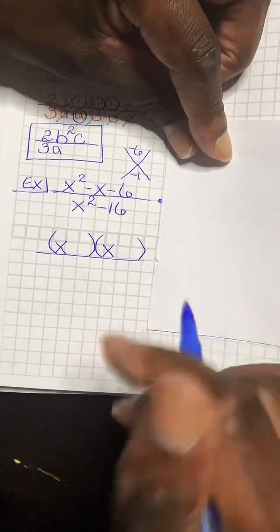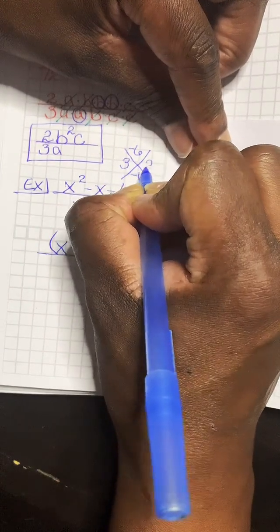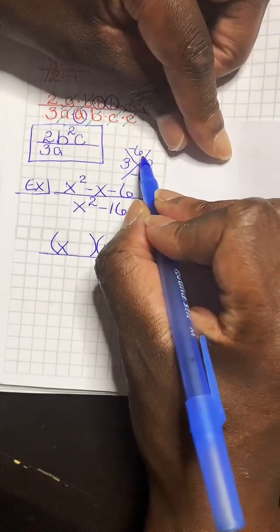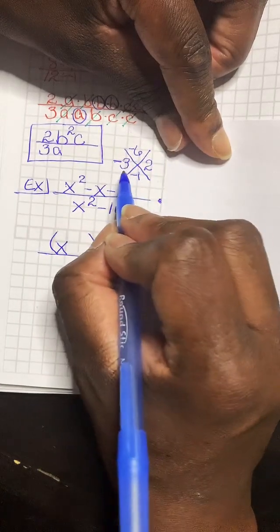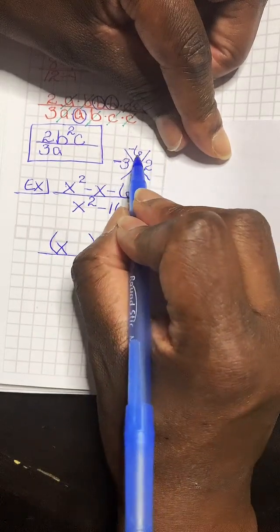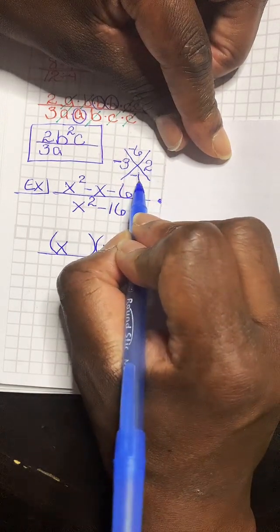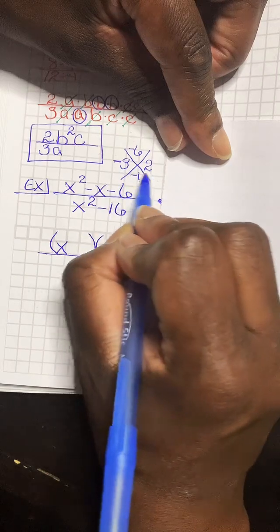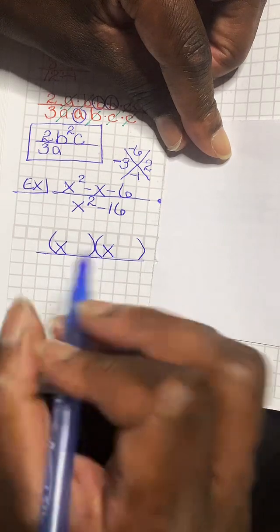So the answers, well, for this, we have 3 times 2 gives me 6, but we need it to be a -6. So we're going to make this a -3 because -3 times 2 gives me -6. And -3 plus 2 gives me -1. So these two numbers that we got, we're going to put inside our parentheses.